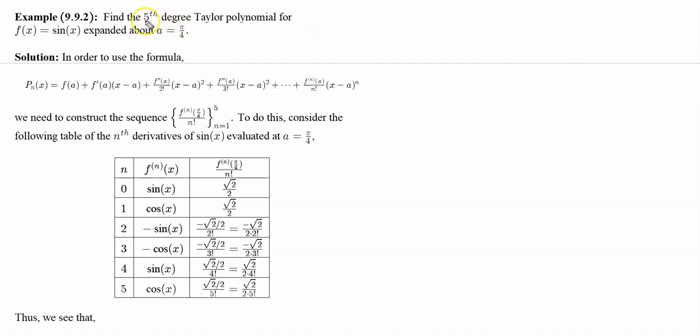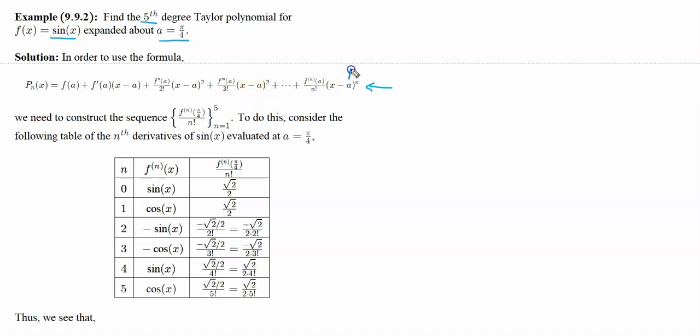Now in this example, we would like to construct a 5th degree Taylor polynomial for the sine function again, but now we want it expanded about pi over 4 instead of 0 as in the previous example. So once again, to use our Taylor polynomial formula, we have to identify the coefficients that go along with the powers of x minus pi over 4 in this case.